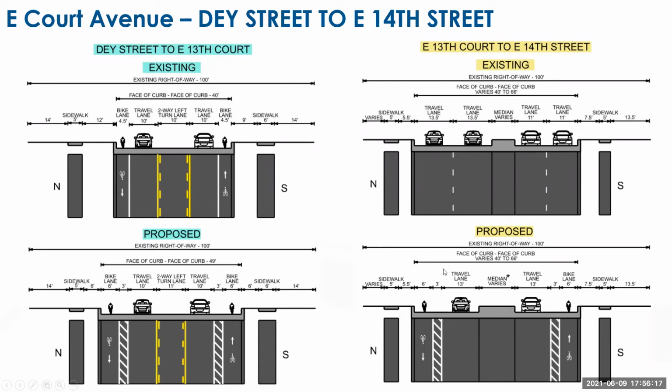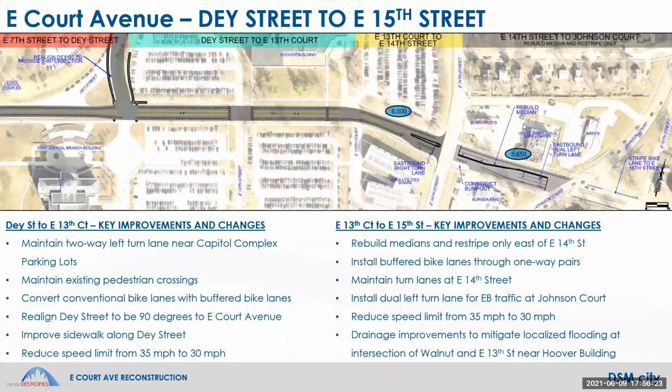And this area gets a little goofy. I'll show you on the next slide because of the reconstruction limit. So as I mentioned, from Day Street to East 13th Court, we'll be maintaining that 3-lane cross section, but be adding the buffered bike lane instead of the conventional bike lane.